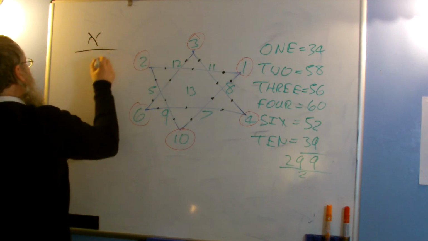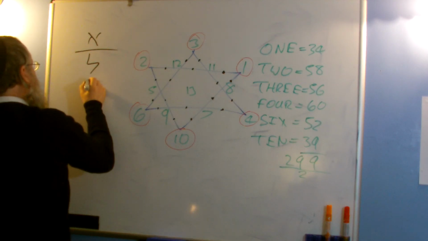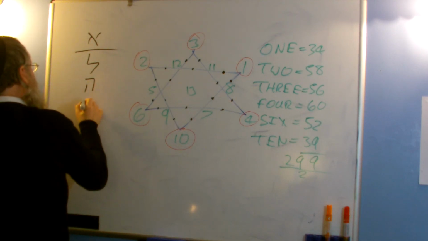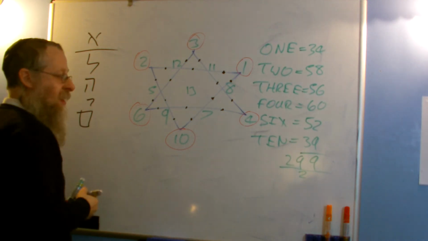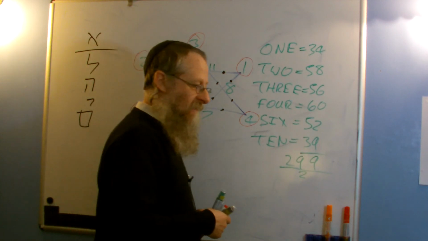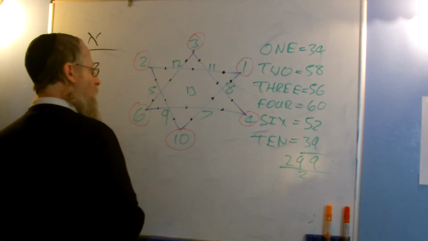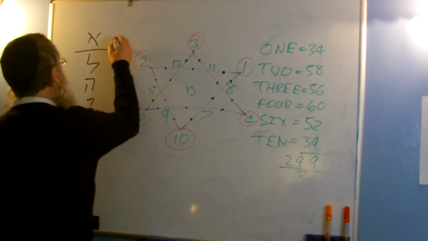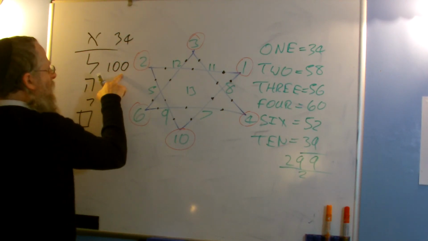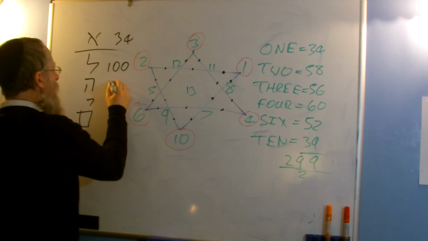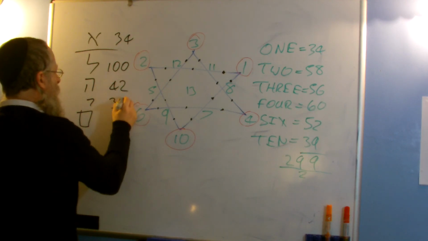Now I'm going to take the name Elohim, Aleph, Lamed, Hey, Yud, Mem. And I'm going to find out the normal inner value of God's name Elohim. And that is 34, Lamed is 30, 30 is 100, Hey is 5, 5 is 42, and I'll finish this off.